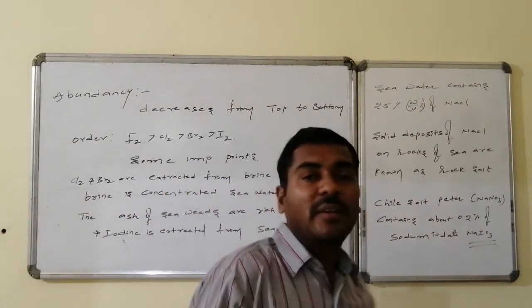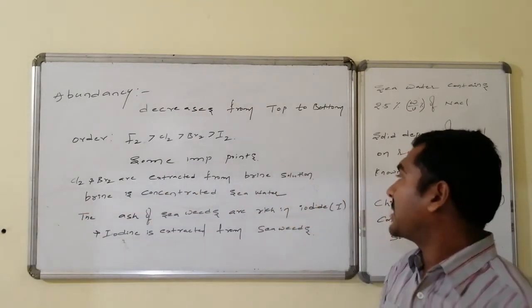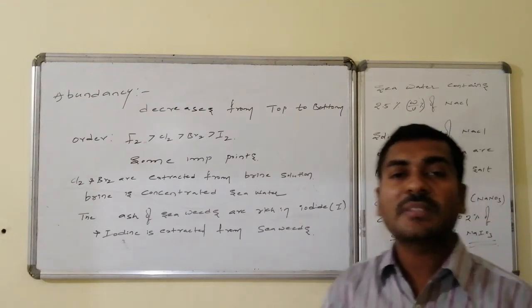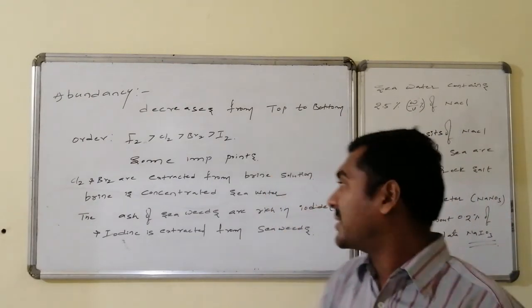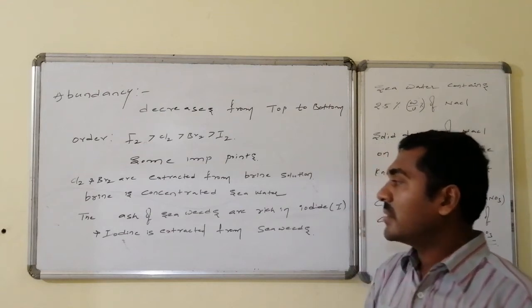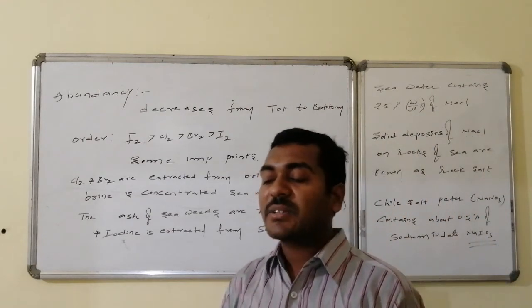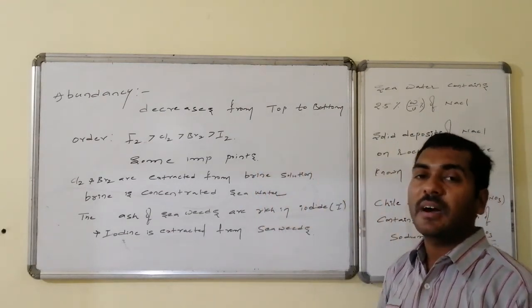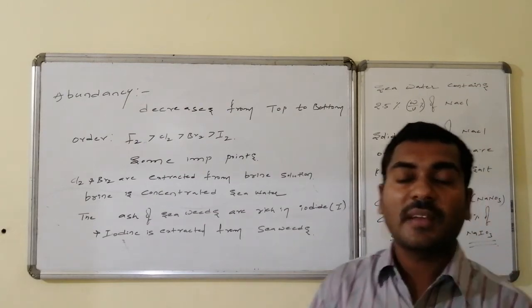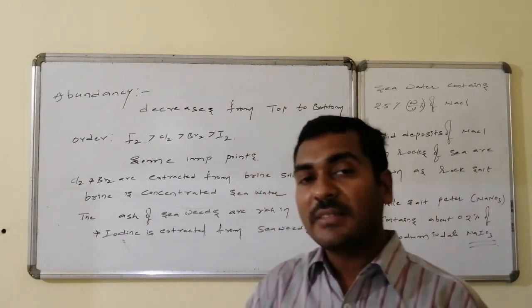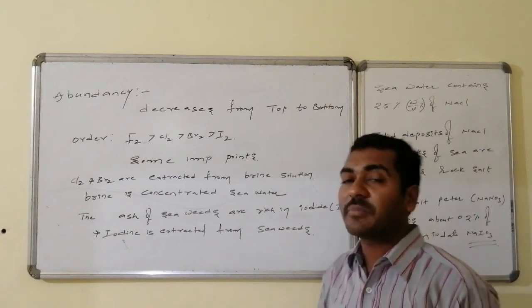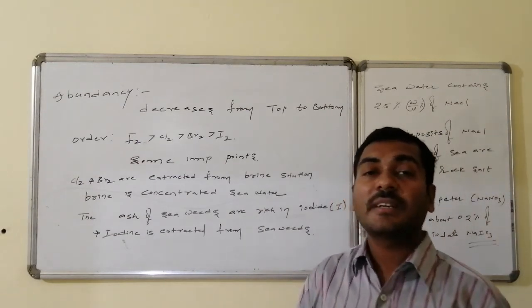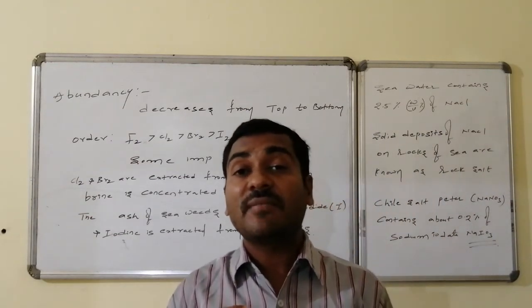Chlorine and bromine are extracted from seawater, that is brine solution. Brine is nothing but concentrated seawater. Whereas the ash of seaweeds has higher concentrations of iodide, I-. Generally, iodine is extracted from the iodide generated from the ash of the seaweeds.